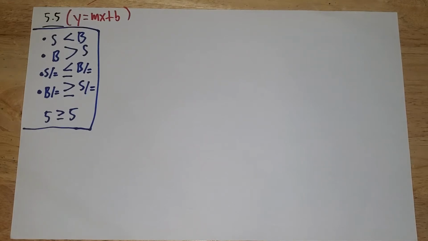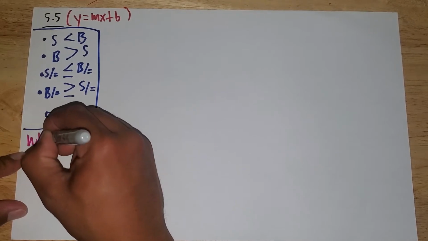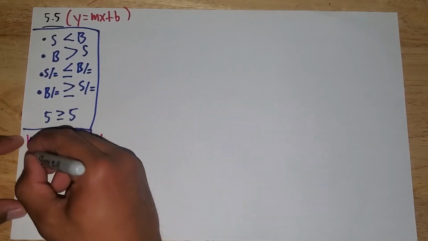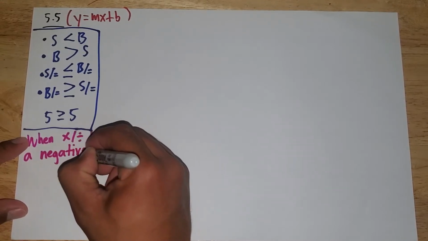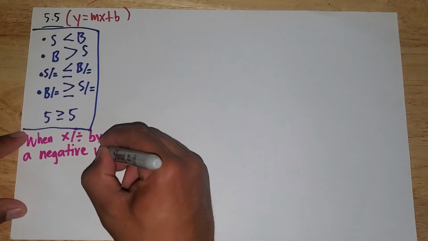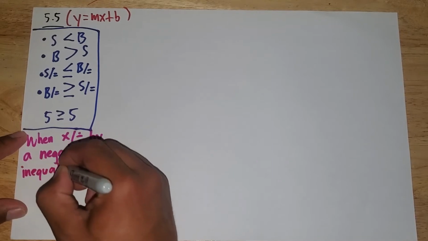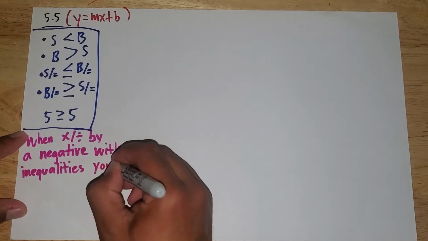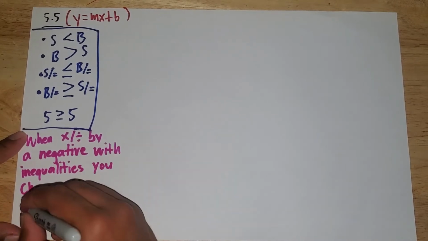Remember, an inequality is very similar to an equation when we're solving them, but the main difference was that when you either multiply or divide by a negative with inequalities, you change the inequality.